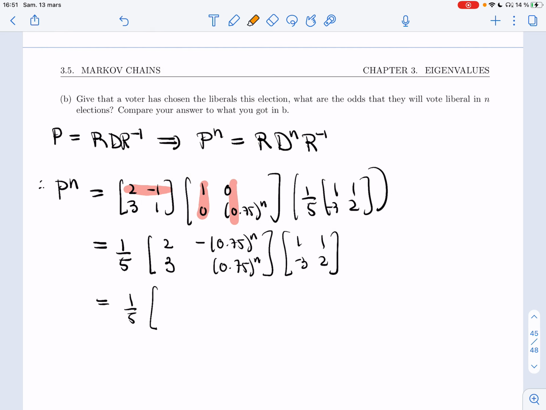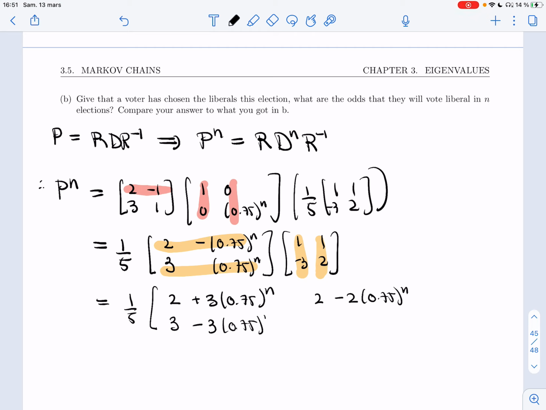Then I'm going to multiply these like this. That's 2 plus 3 times 0.75^n. Then 2 minus 2 times 0.75^n. Then 3 minus 3 times 0.75^n. And 3 plus 2 times 0.75^n.